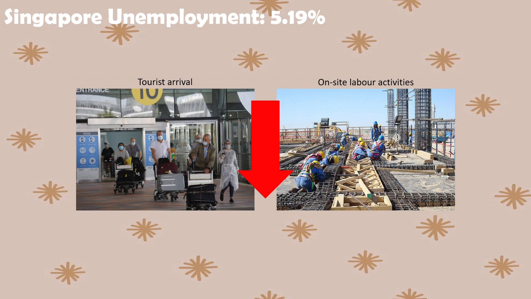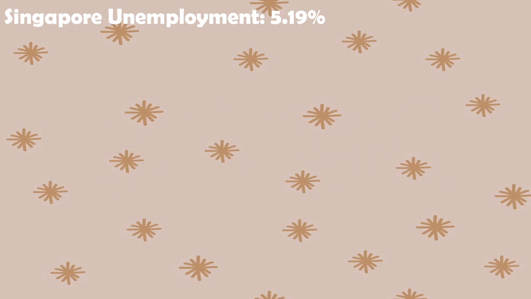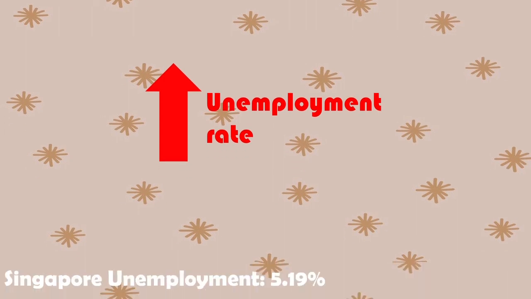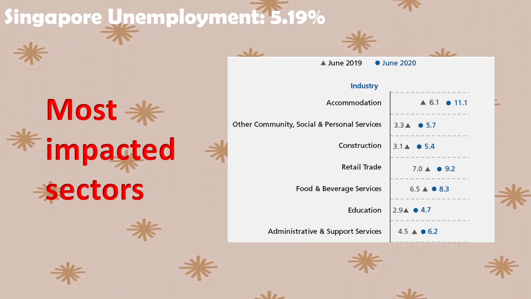Due to reasons including the decline in tourist arrivals and the temporary suspensions of labor activities that must be performed on site, the increase in unemployment rate was greater in industries that were more seriously impacted by the COVID-19 pandemic. The most impacted sectors are accommodation, other community, social and personal services, construction, retail trade, food and beverage services, education, and also administrative support.